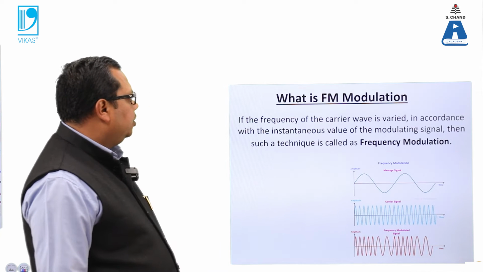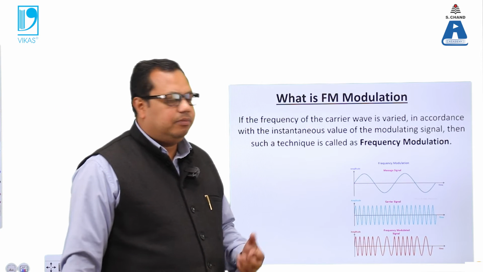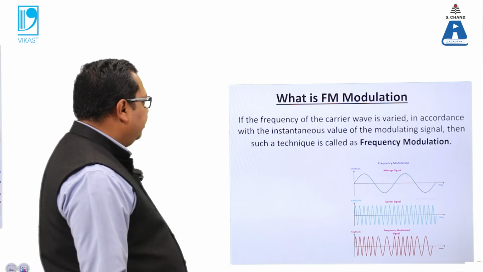So we have discussed what is AM, what is FM, how the amplitude modulation is important, how the frequency modulation is important, and why modulation is important. Modulation is overlapping of the carrier wave and the target wave. It can be done with the amplitude, it can be done with the phase, it can be done with the frequency.